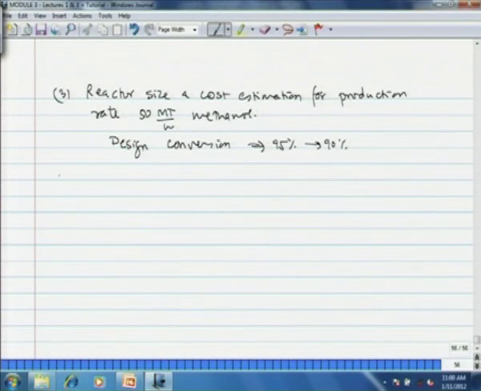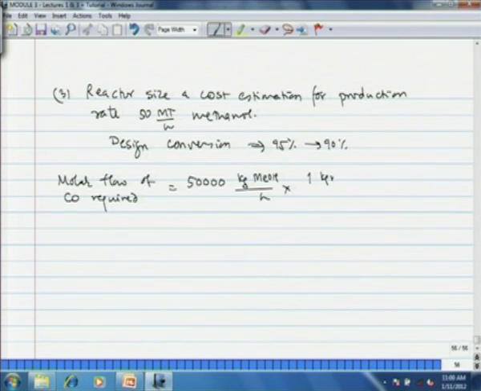The molar flow rate of CO required would be 50,000 kg methanol per hour, into, or we convert this kg into molar production by dividing the molecular weight 32 kg of methanol, and then we have been given the rate in terms of minute.